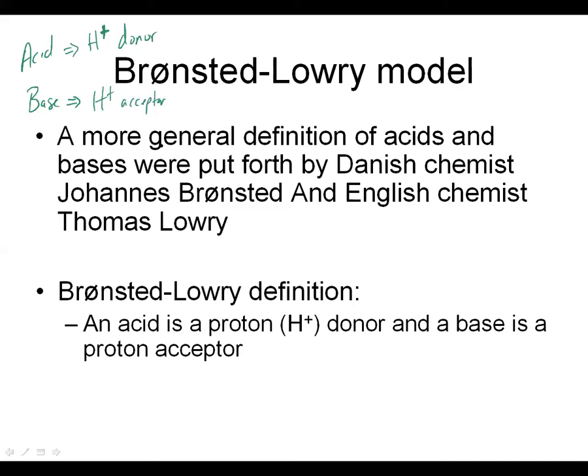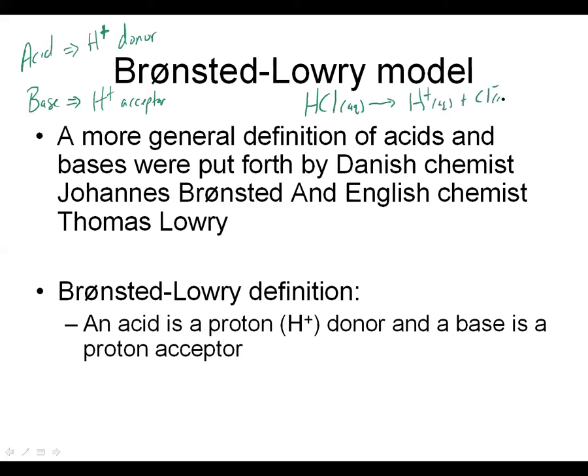That again means that something will gain not just the H, but it will also gain the plus with it, which will affect the charge. So when we talk about something like HCl, which is a strong acid, as we talked about in the last slide, in solution, it will break apart 100% into our H plus and Cl minus.